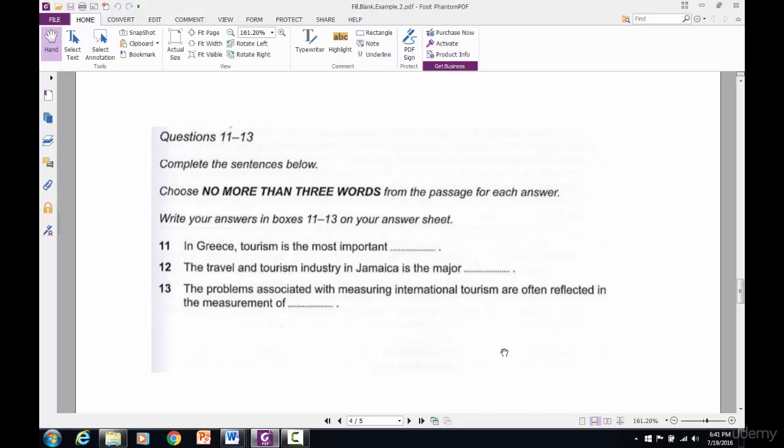Then for number 13, keywords are the word problem and international tourism, and our answer will be connected to measurement of. But first let's find number 11 and 12.